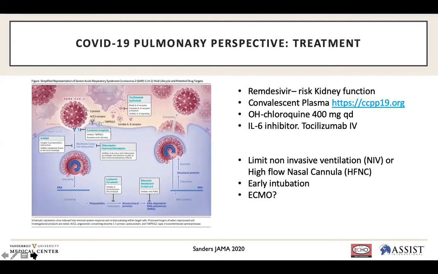front. And all of you have probably heard about a series of these therapeutics: remdesivir, convalescent plasma, hydroxychloroquine, IL-6 inhibitors, and all these treatments that we could add some of them to the list, like zinc or anticoagulation.